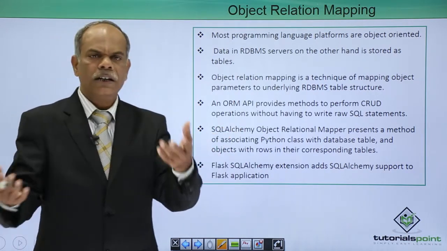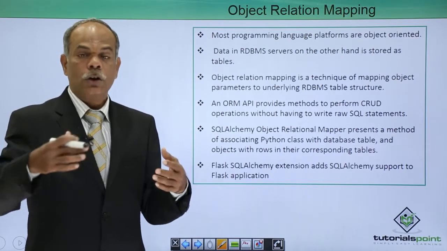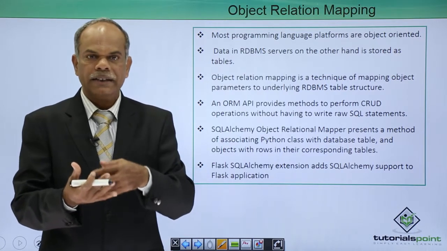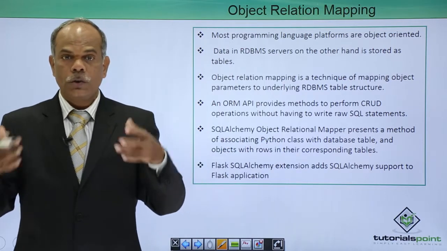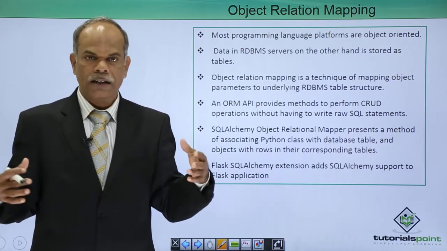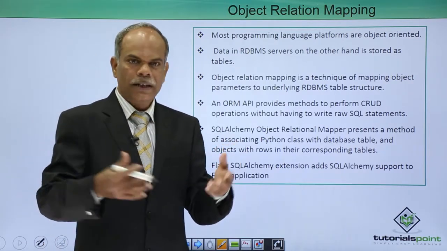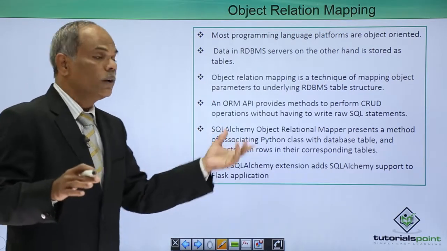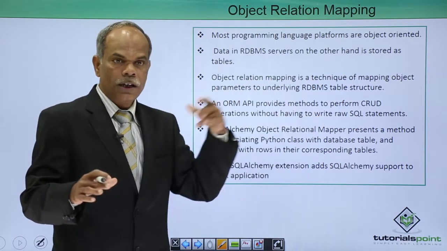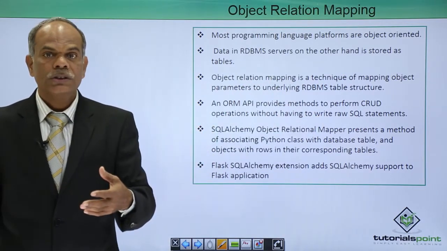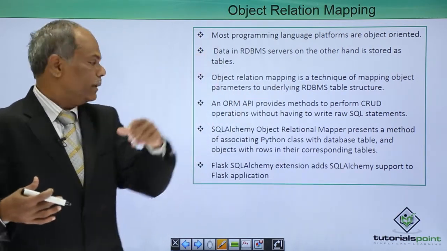CRUD operations are done on any database table, like insert, delete, update, select, etc. Rather than doing these through raw SQL queries or commands like insert into, update, set equal to, select star, the programmer or developer is not required to execute these raw SQL statements. He can now use his object oriented programming knowledge to perform all these activities using the ORM API.